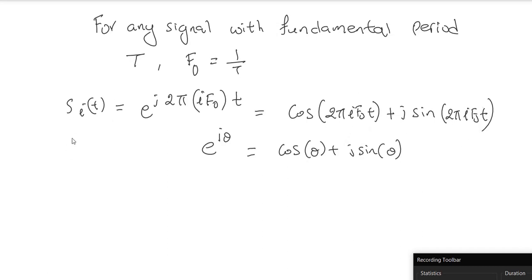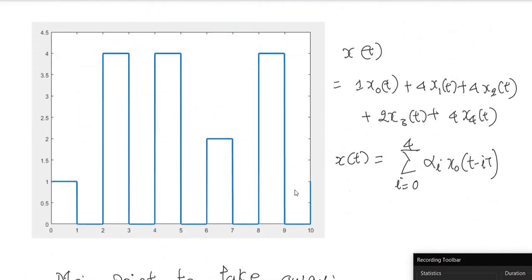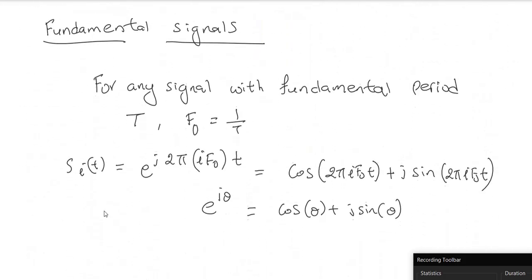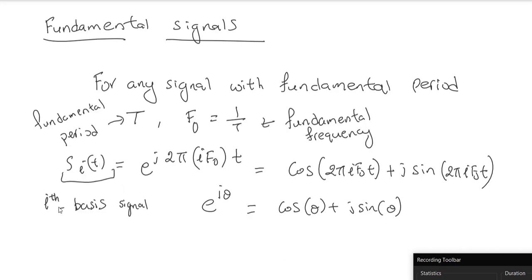So these are all the signals which we will use in place of these fundamental signals here. Now that we are using the word fundamental for fundamental frequency, I'm going to start using a different word for fundamental signals, and I'm going to say basis signals. So S_i of t would be the ith basis signal, capital T would be the fundamental period, and f0 will be the fundamental frequency.